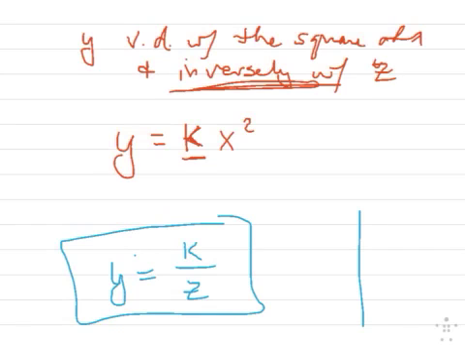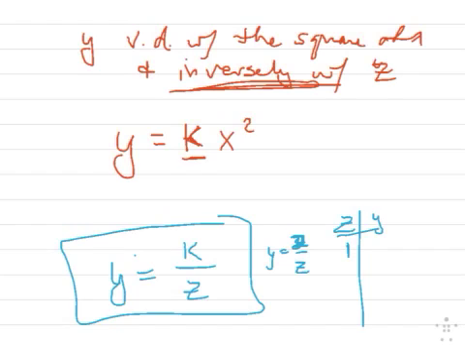And let's again look at your z y chart. Let's say k was 2, y equals 2 over z. I'm choosing bad numbers because 2 and z look similar to each other.